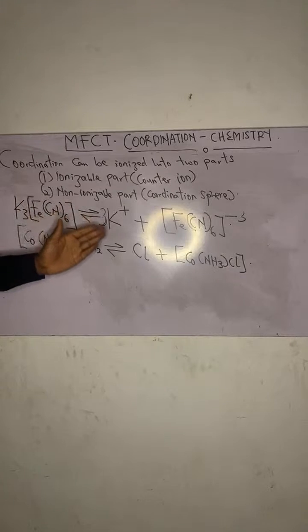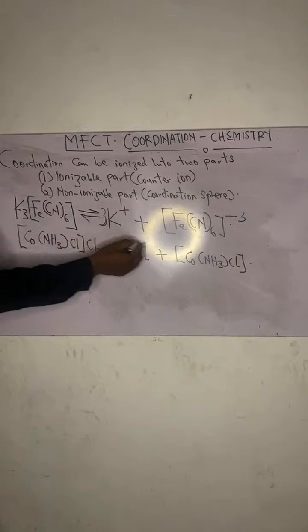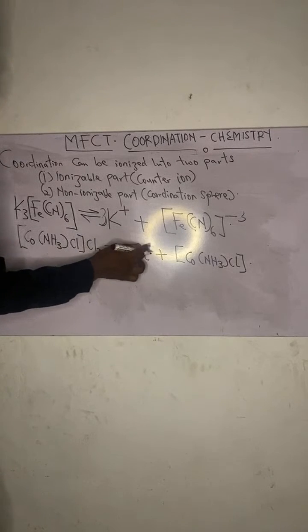Now, once you have written the counter-ion and the coordination sphere, the next thing we are going to do is assign the correct charge. We all know that this is chlorine. It belongs to group 7, and whenever group 7 elements undergo ionization, they accept electrons. How many electrons do they accept? They accept only 1 electron. So when chlorine undergoes ionization, it becomes negatively charged. That is why we are going to place a minus at the top of Cl.